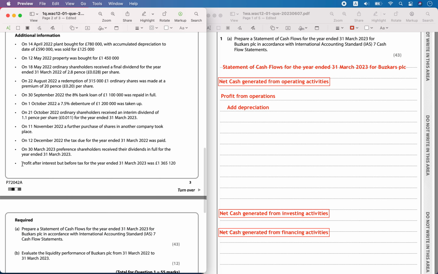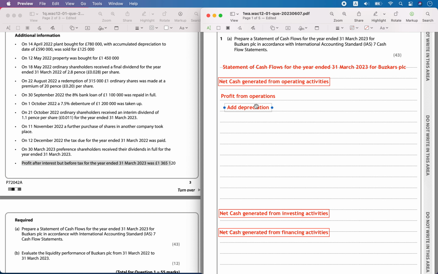The profit they have stated is after interest but before tax for the year ended 31st March 2023. This profit which they give is not the profit from operations. So it includes expenses you would have deducted, such as depreciation. This is a non-cash transaction.